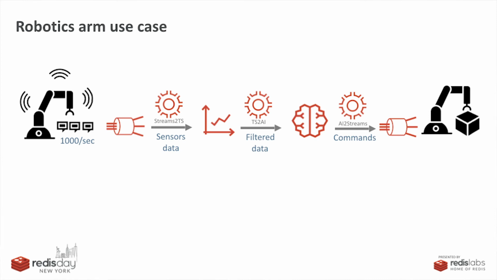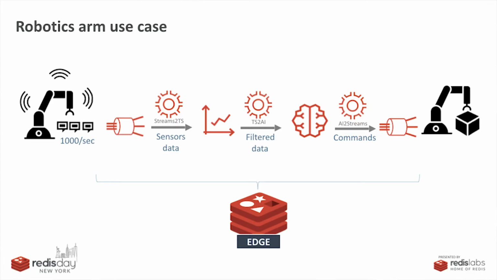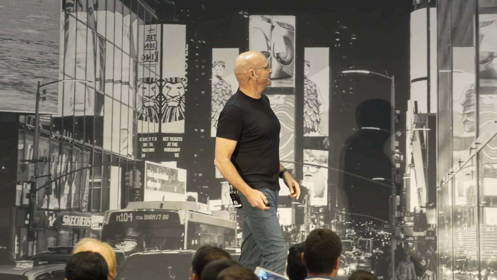These commands were stored in the streams, and then the robotics arms read them and do operation, like ripping the box, moving the arm, et cetera. What's nice about this? Everything ran on a single Redis instance, what we call Redis Edge. I think it is a wonderful use case for gears. I hope you also.